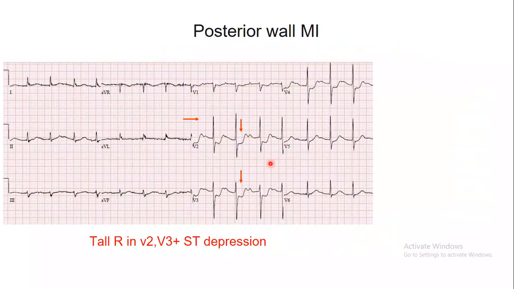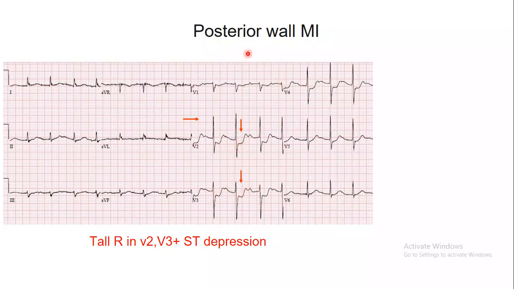The final ECG that might be missed in the emergency department: if we have a patient with acute chest pain and the ECG looks like this, we have a tall R wave. As we remember from the morphology of the QRS complex in V1 and V2, it has a small R wave followed by a deep S. Here we have a tall R wave in V2, predominantly in V2, followed by deep ST segment depression.